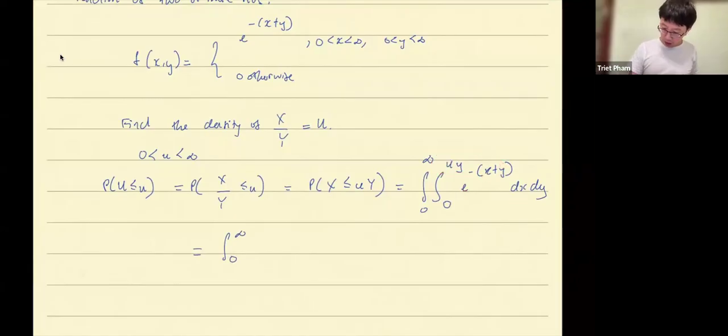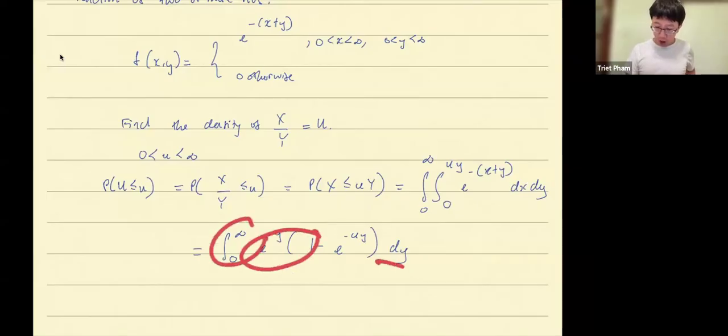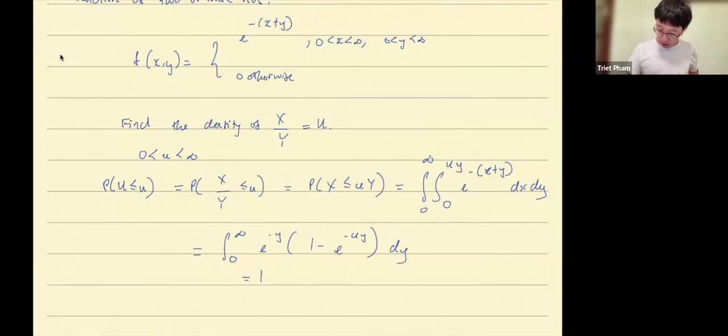So that's e to the minus y times (1 minus e to the minus u y). That's integrating e to the minus x. And then you get e to the minus (1 plus u) times y.